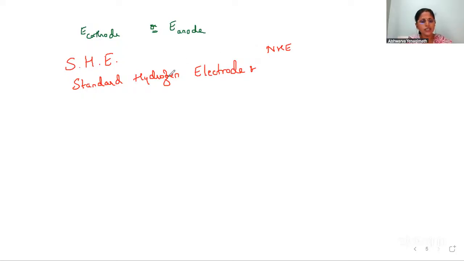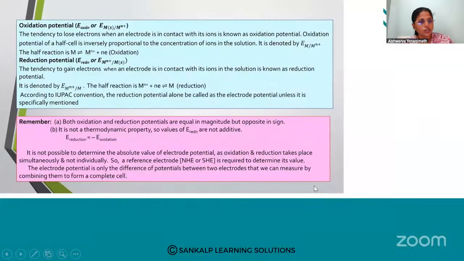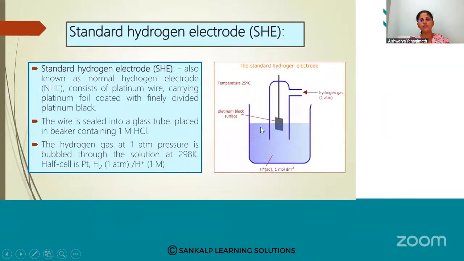So now let us see how it is designed and how, with the help of SHE, we can find the reduction potentials of the half cells. To understand this SHE, first we need to understand its construction and working. Here we have SHE. You can see here the standard hydrogen electrode, which is also known as normal hydrogen electrode, NHE.